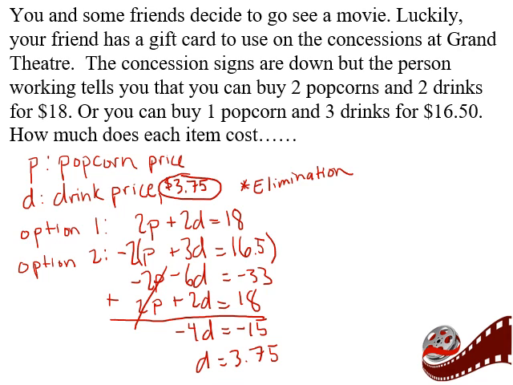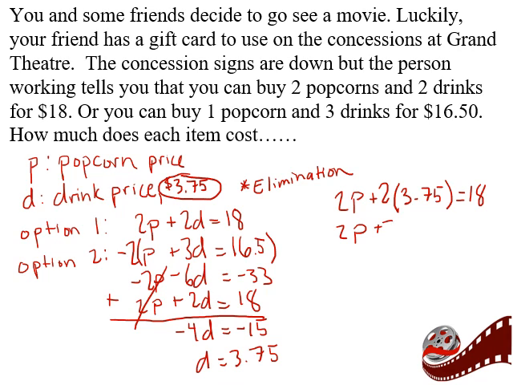I can use the price of a drink and substitute back in to find the price of popcorn. I'm going to use the first equation. I don't know the price of the popcorn, but I know the price of a drink is $3.75. So I'm substituting in the first equation, d equals 3.75. So I can multiply that by 2.